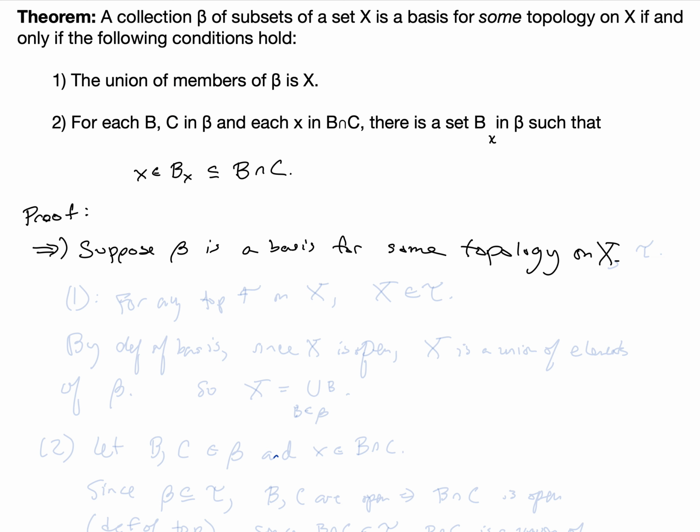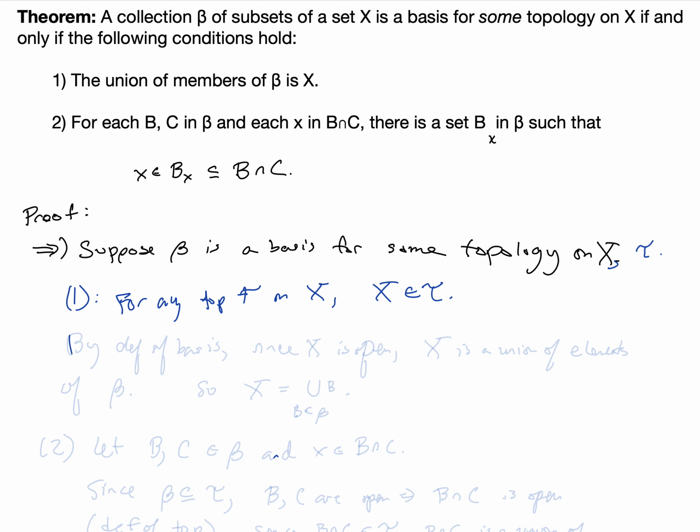First, let's prove in the forward direction that if beta is a basis for some topology on X, then conditions 1 and 2 hold. Proof that 1 is true: that's immediate. Because beta is a basis for some topology on X, let's call that topology tau, then we know that for any topology tau on X, the entire set is always an element of tau.